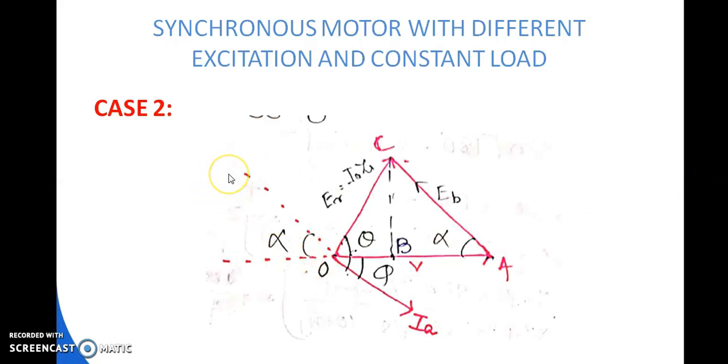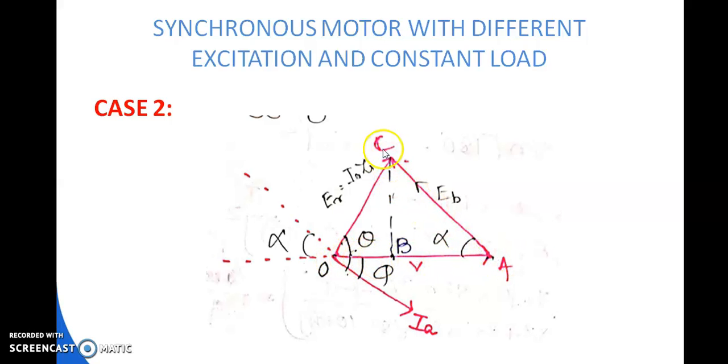Here we can see the phasor diagram. We have a lagging power factor case. We have taken voltage V as the reference. Here IA, the armature current, will be lagging, and the angle between the voltage and current phasor is phi. Here OA is the reference.